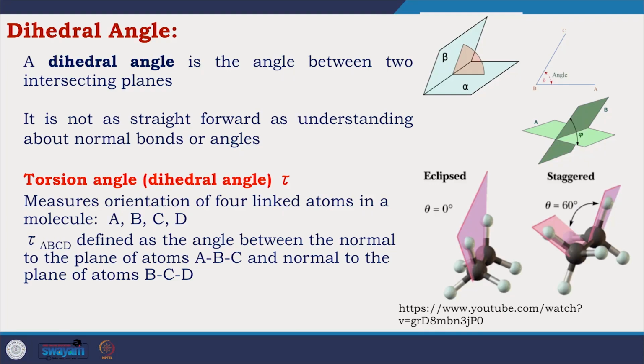Here is a beautiful video which will help you understand how a dihedral angle is measured. You can see that for your reference, but I will do it in my way. If I change the angles like that, this is anti, where they are in opposite directions. This rotation is called the rotation of the torsion angle.